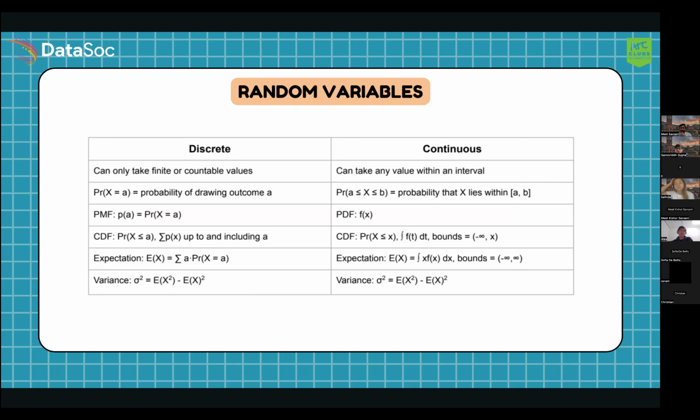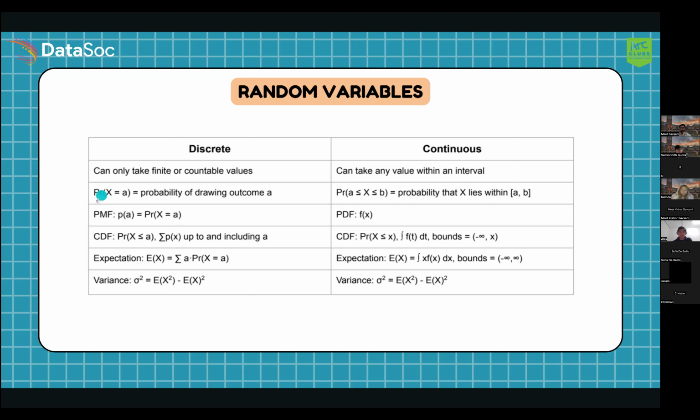Now we'll move on to random variables. While some variables can be defined, in some cases you won't know what the variable is set to, hence it's called a random variable. They can either be discrete or continuous, and the main difference is that if you want to find a certain value in a discrete variable, you take the summation, and if you're dealing with a continuous variable, you do the integral.